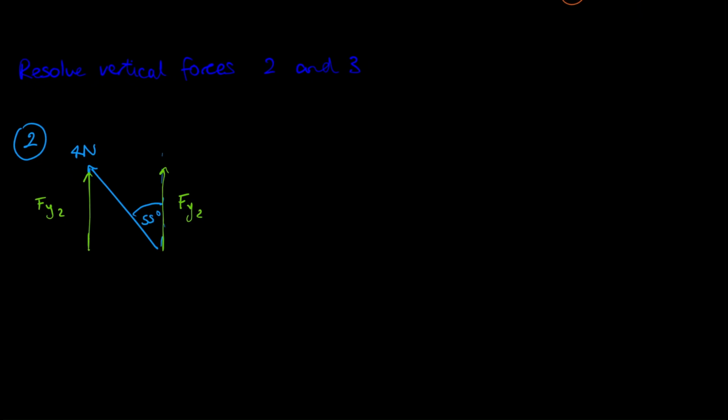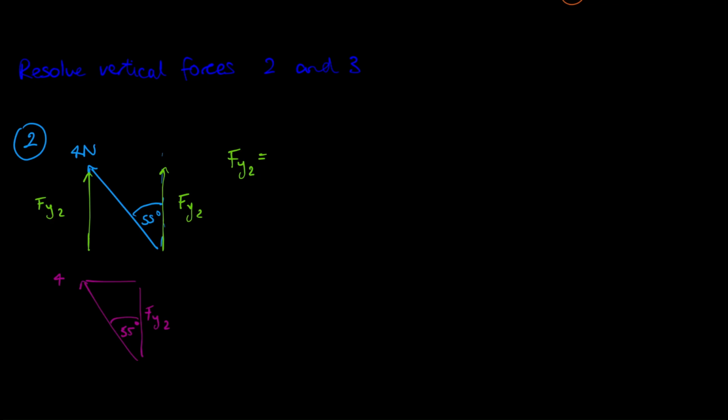So, once again, it's pretty simple trigonometry. Let me just draw this out so it's a bit easier to see, 55 degrees. What else do we know? That's it. This is what we want to find, Fy2.